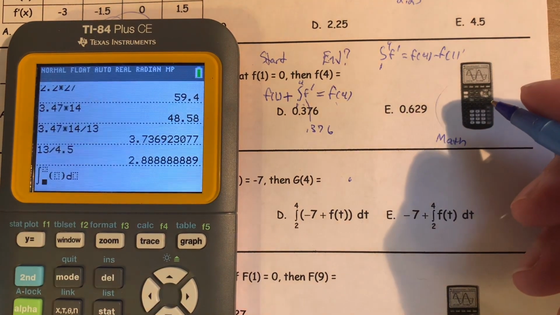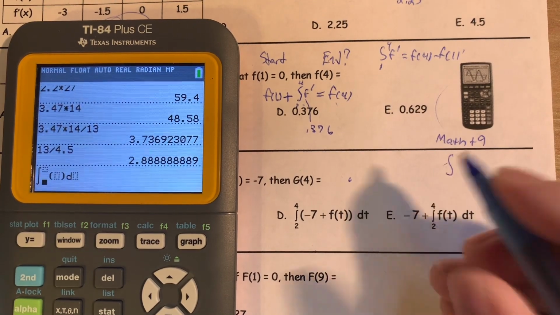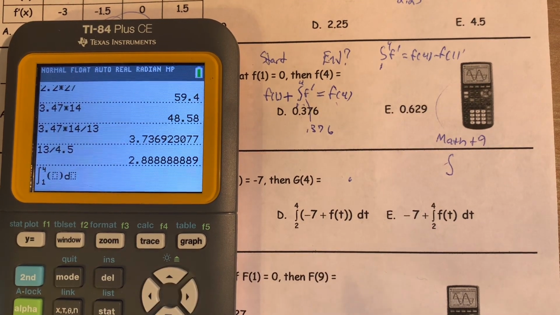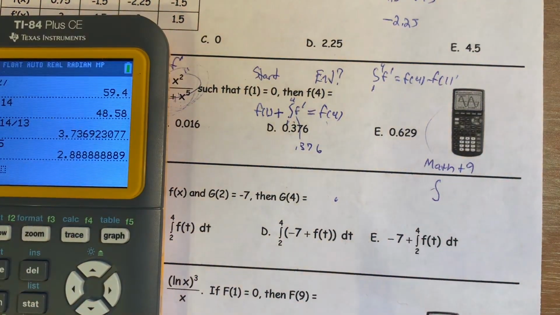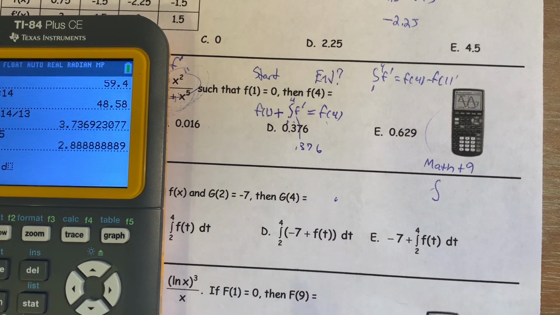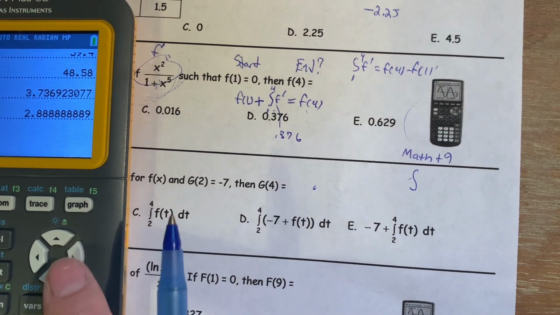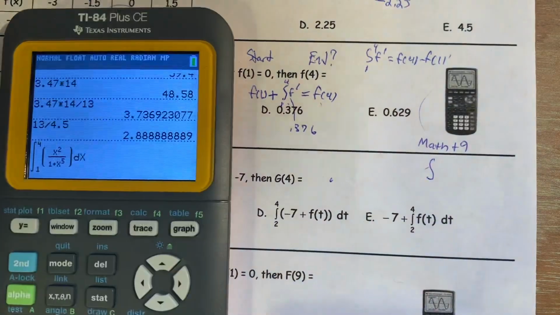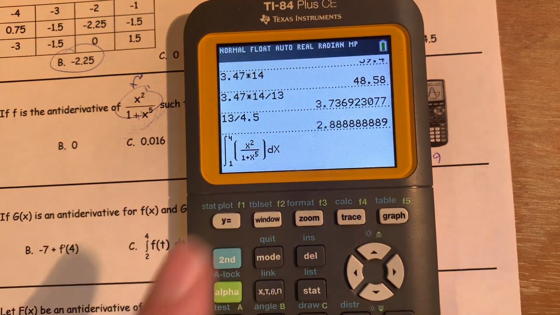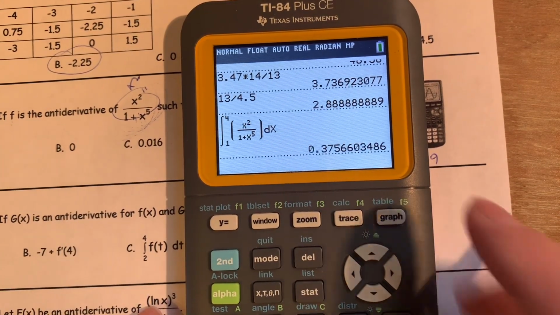So math 9 will get you the integral, and you put in from 1 to 4 of x squared over 1 plus x to the 5th dx. You guys can't see that. Sorry, I was moving it so I could see this, but then now you can't see it. So we're doing this integral. You always do it with x's, even if it's other variables. And that'll also come out to be 0.376.